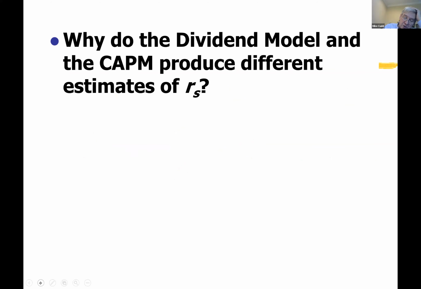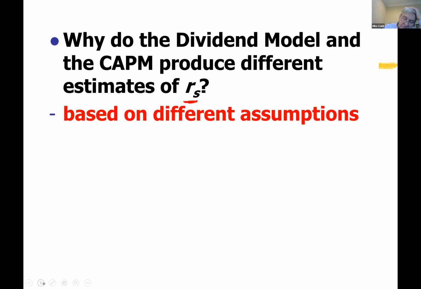Why did the two models give us different answers for the stockholders' required rate of return on retained earnings? They're based on different assumptions. I mean, the CAPM focuses on systematic or market risk, beta. The dividend model focuses on the growth rate and dividends. So what should Ultra do?